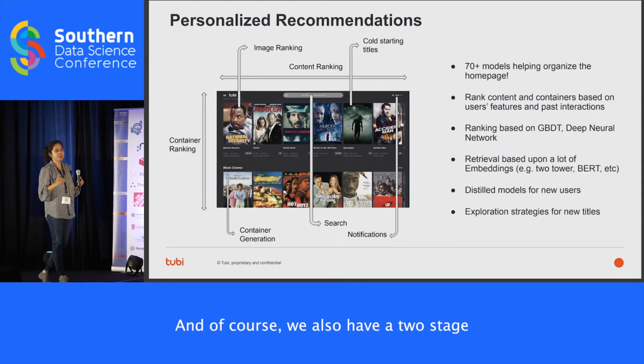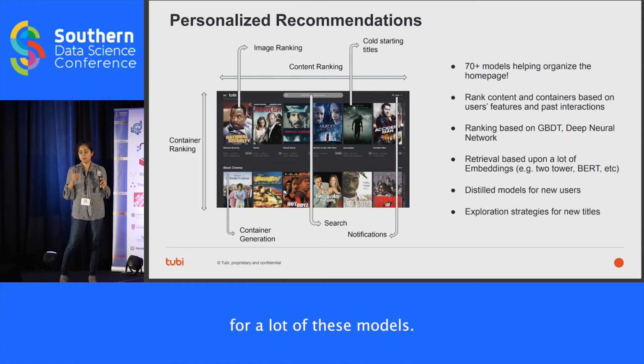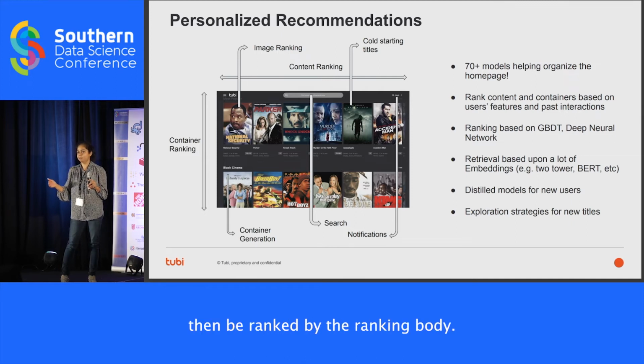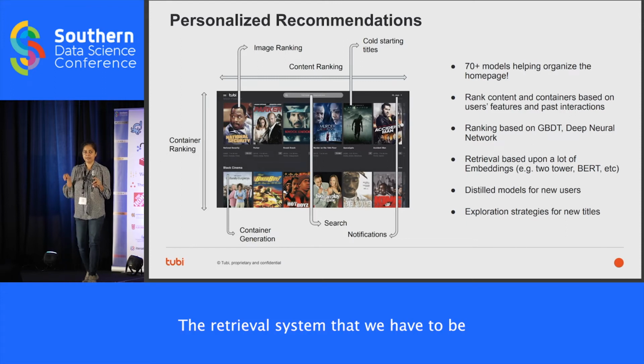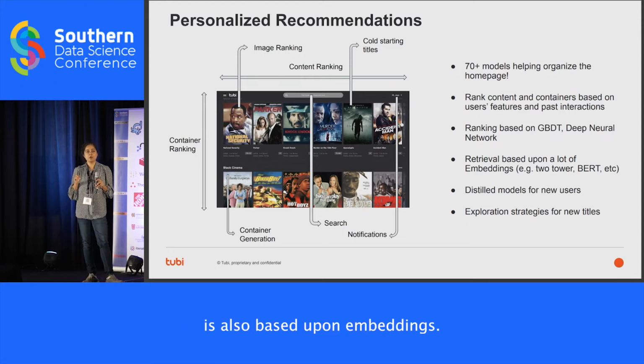And of course, we also have a two-stage ranking process for a lot of these models. The first stage is the retrieval stage, wherein we cut the candidate space to a smaller number, which can then be ranked by the ranking model. The retrieval system that we have at Tubi is also based upon embeddings, and we have a ton of embeddings.